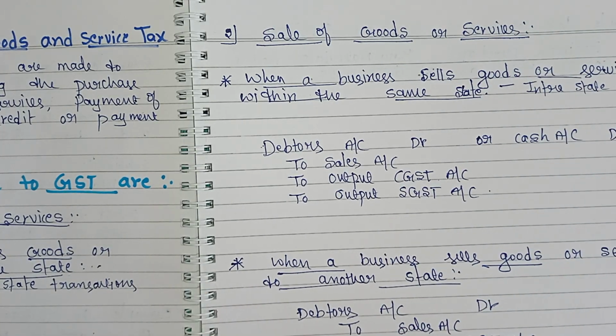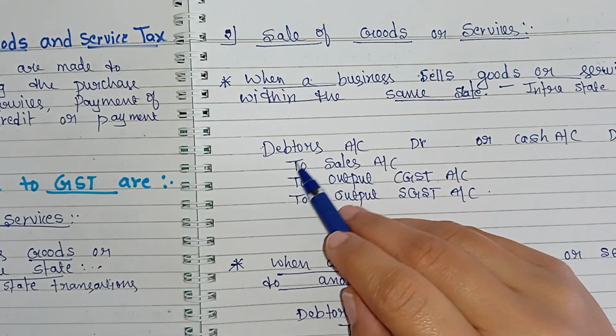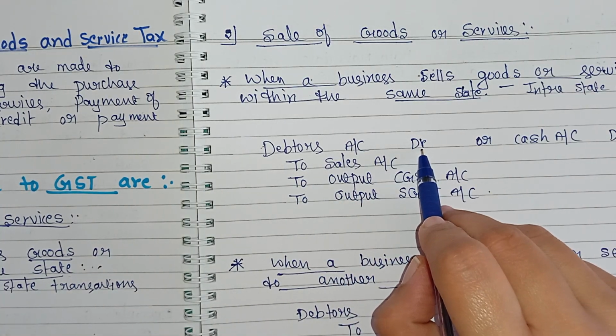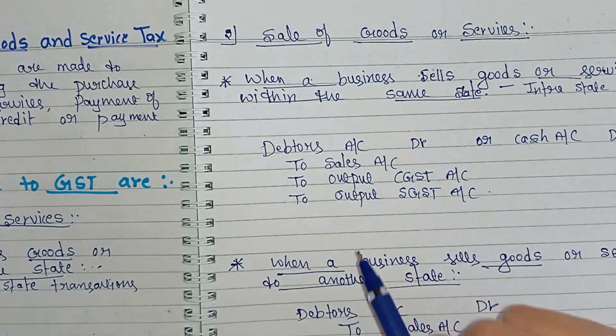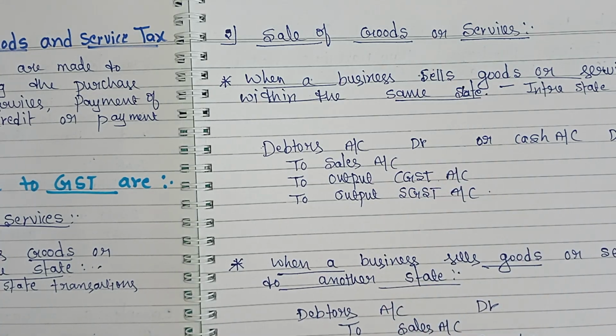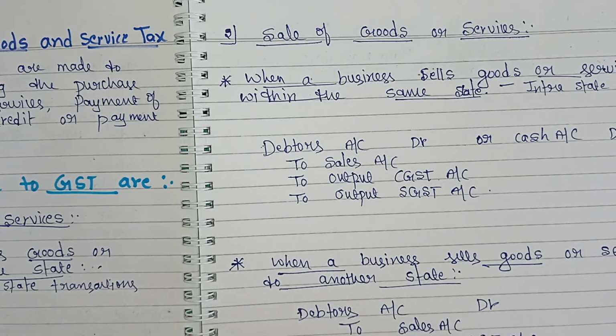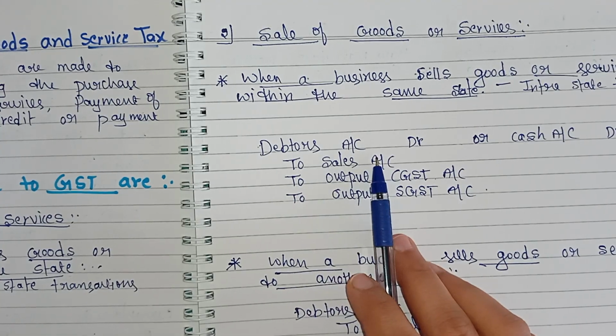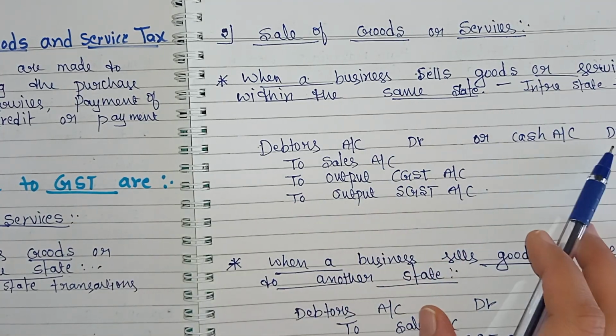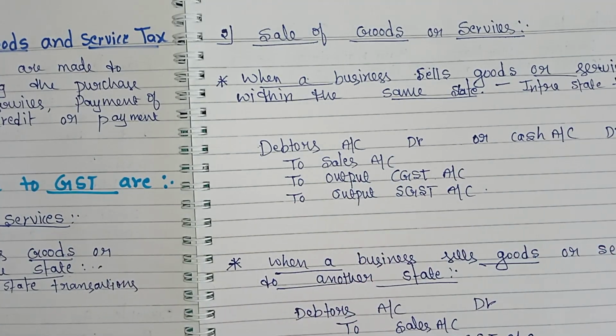The entry is debtors or cash account debit to sales account. Normal entry without GST is cash account or debtor to sales account.